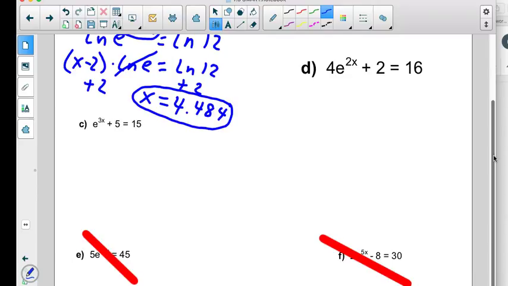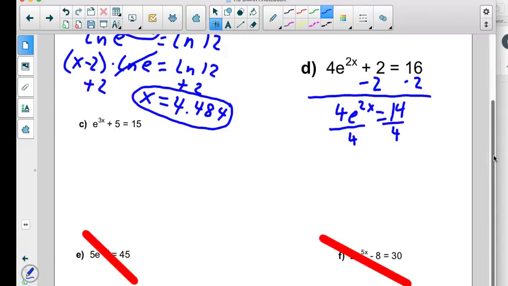So how would I isolate that? Subtract 2. So we have 4e to the 2x equals 14. How do I get e to the 2x by itself? So e to the 2x equals what? 3.5, or 7/2, whichever one's going to work.